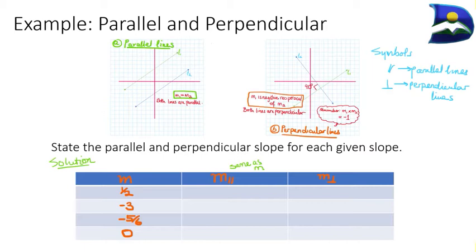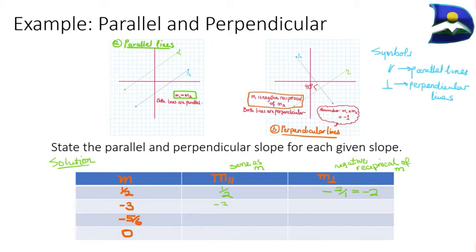So in this case, if we have 1/2, the slope for the parallel line will be 1/2. Now, for the perpendicular line, we know that it has to be the negative reciprocal of m. Therefore, if m is 1/2, the perpendicular slope will be -2/1, which is equal to -2.